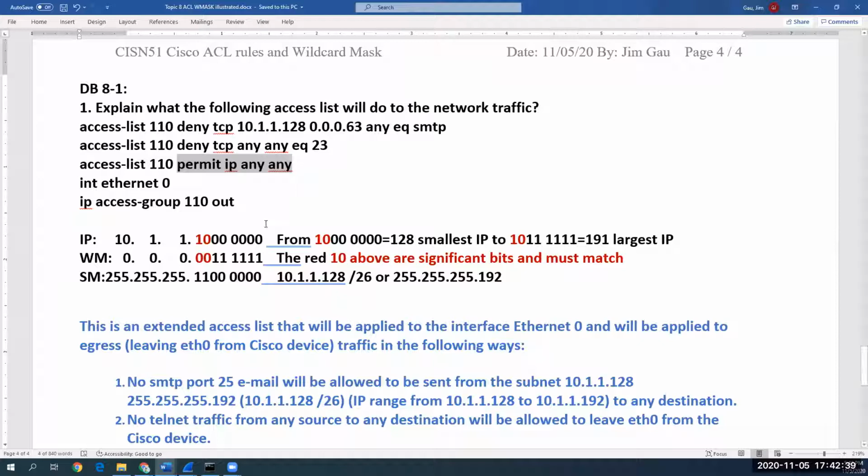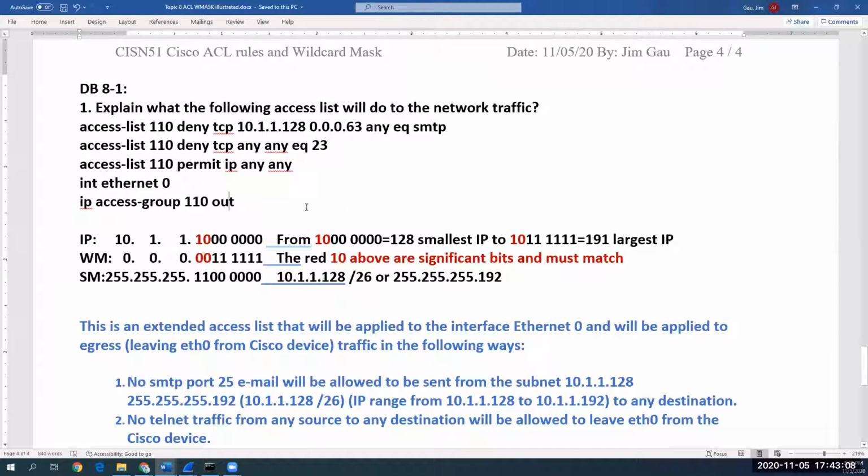All right, so now we also talk about, once we understand the ACL, how do we apply it? We go to interface Ethernet 0, or FastEthernet 0, or interface GI 0/0/0, whatever we have been doing, just go to the particular interface. And you tell it IP access-group with the access list, 110, and inbound or outbound.